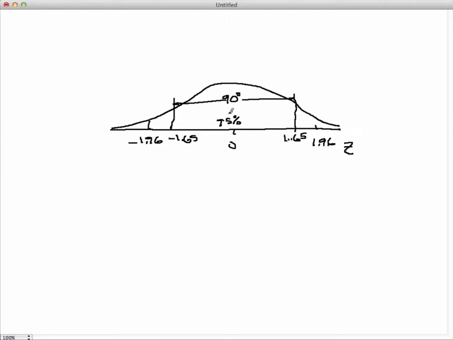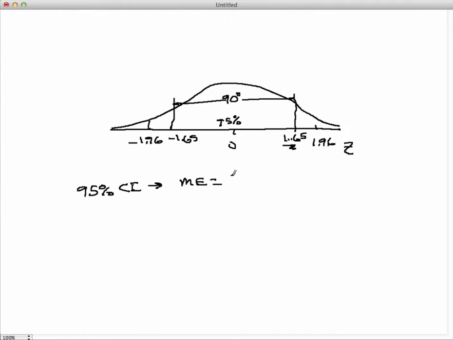Okay, so that means that my value of Z star is going to differ for a 90% CI versus a 95% CI. So let's be more explicit about that. So if we're talking about a 95% CI, that's not an E there, that's an I. There we go. Okay, so a 95% CI, then the margin of error, how would that be calculated? Well, again, it's going to be the number of standard deviations times the standard error.